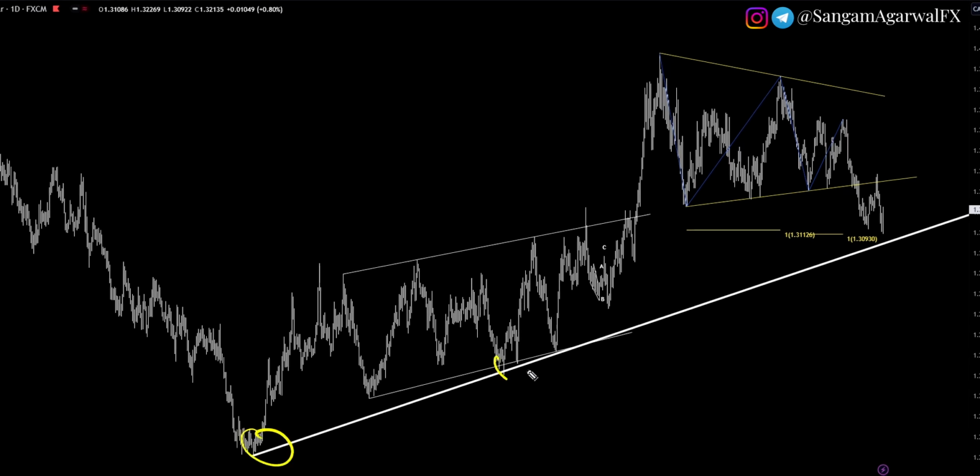USDCAD daily time frame, this white line is your strong dynamic support level. If this trend line retests again in the next 2 weeks, you can see an upside correction from this level, and the fib projection from upside is also showing an expected support level near the 311.26 level.